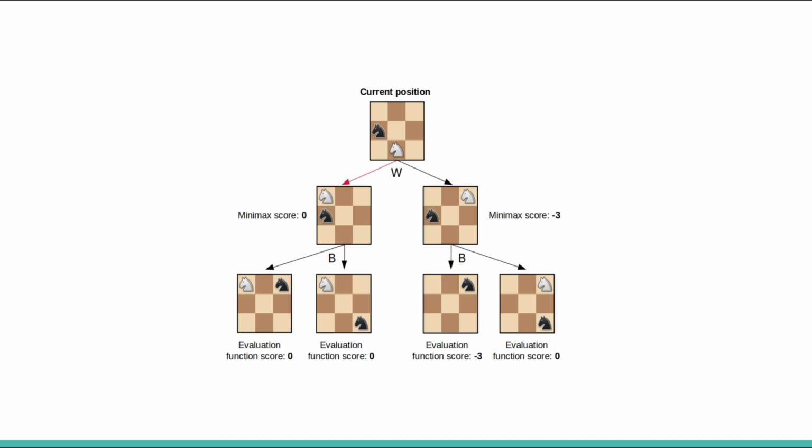Now, there is a possibility that the black knight moves in a way where it doesn't take the white knight. And then moving over to the left side, both of these outputs result in the black knight not being able to take the white knight.